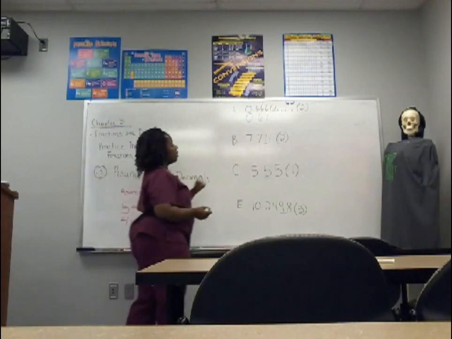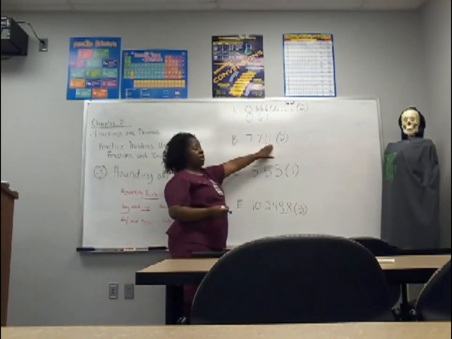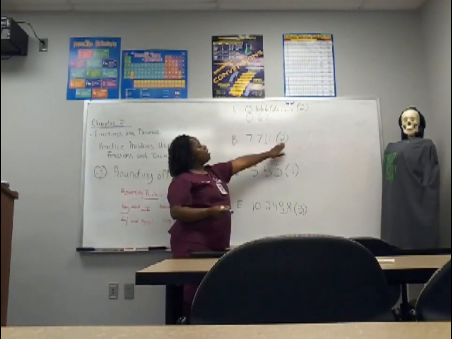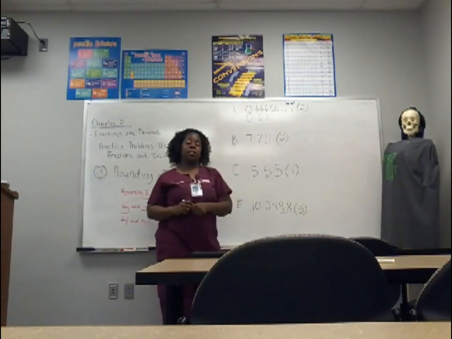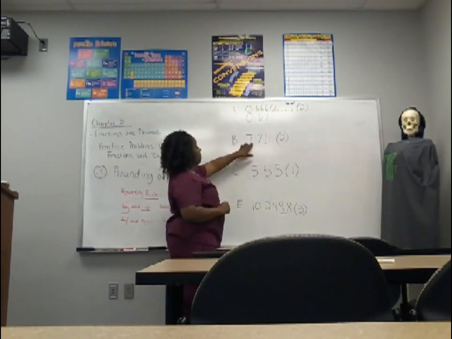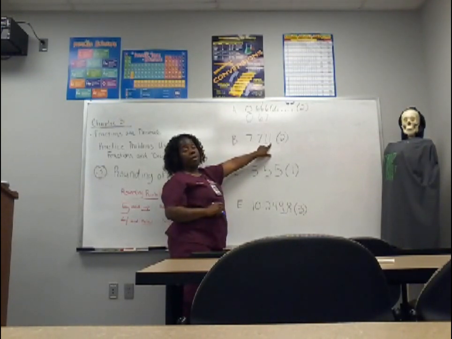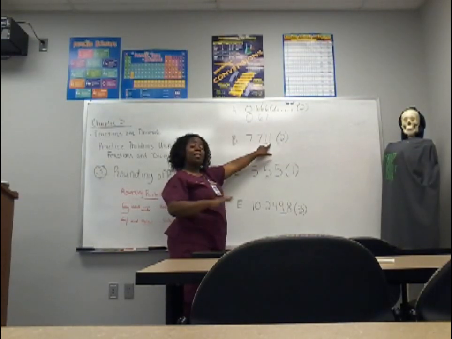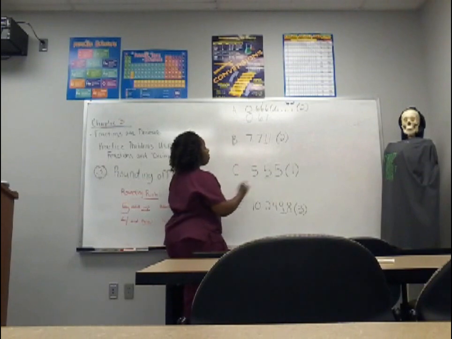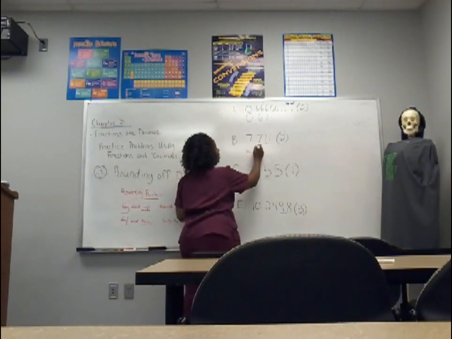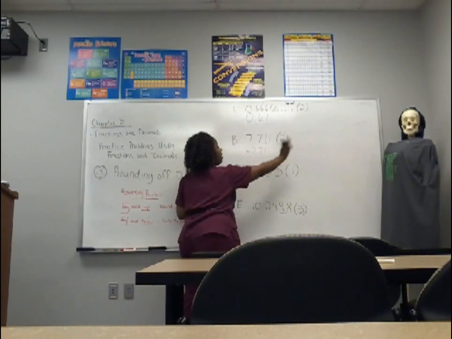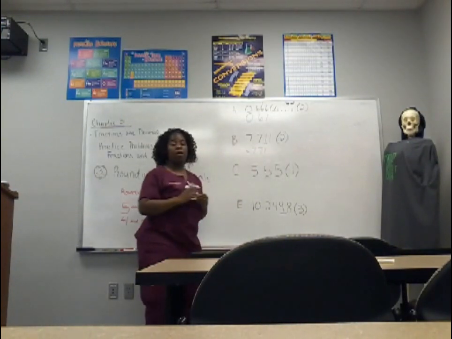Next, we have 7.711, okay? We're going to round the second place behind the decimal, which is the 1. So we're going to look at the number next to it, which is also a 1. And because it's a 1, remember, 4 and below, we keep it the same. So now our problem is going to be 7.71. Everything else we don't care for, it drops off.